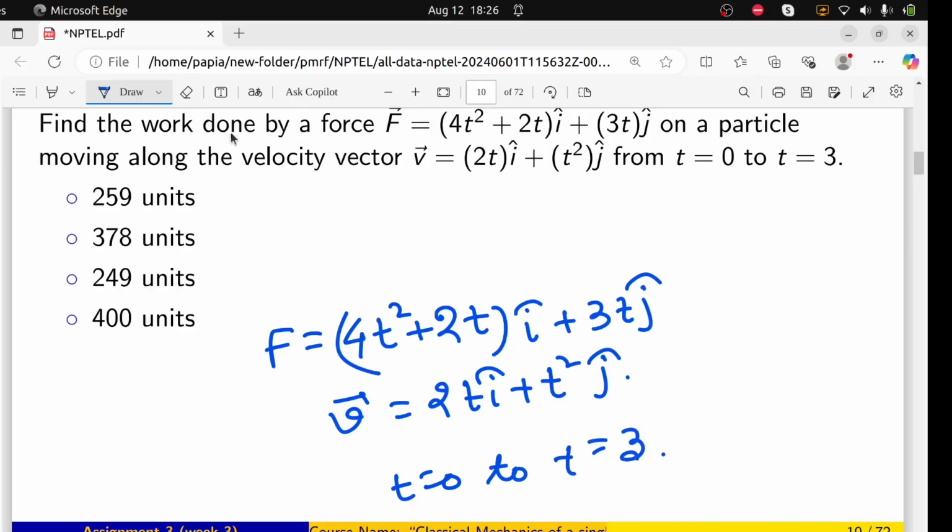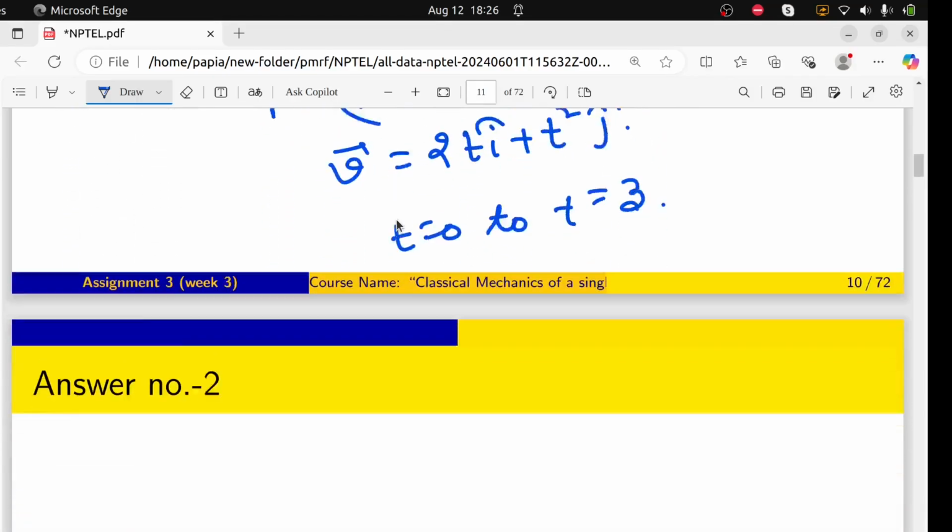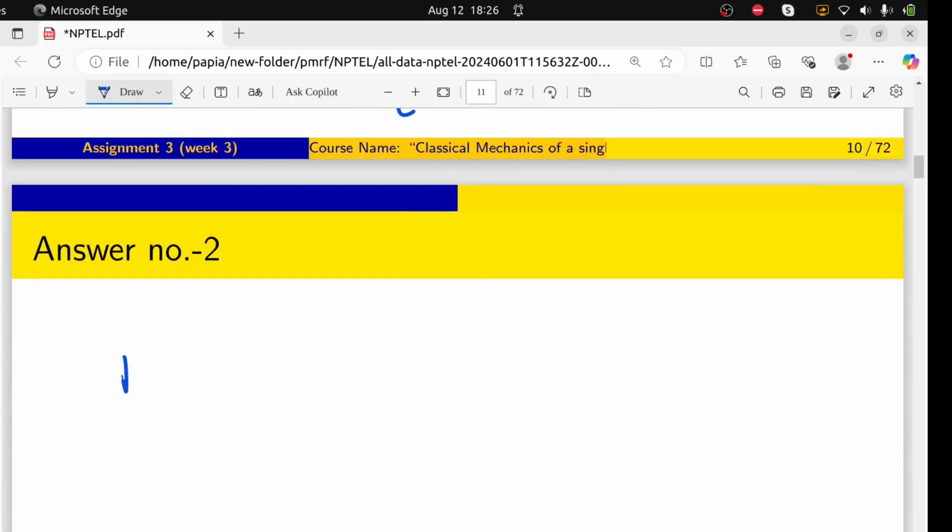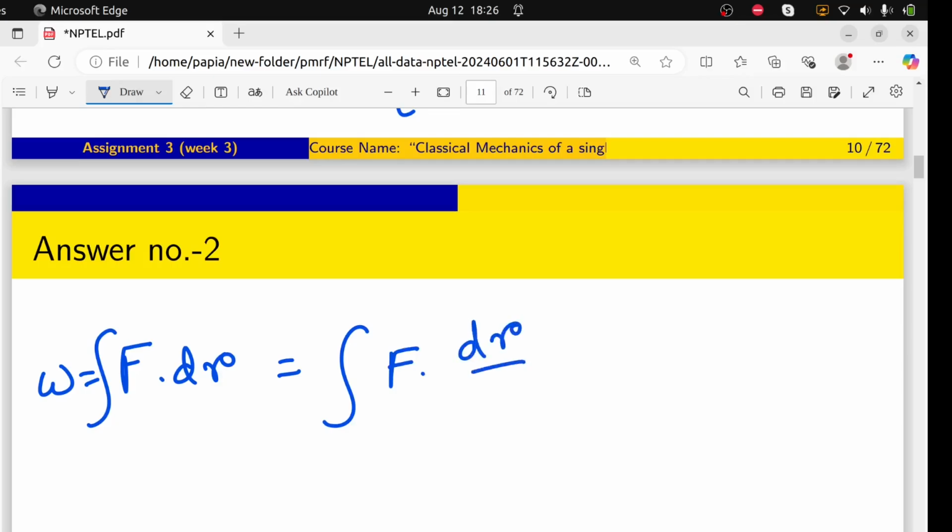They are asking what is the work done by the force. So what is the work done? W is the integration of F dot dr. I can write it in this way, dr by dt times dt. So dr by dt is nothing but v.